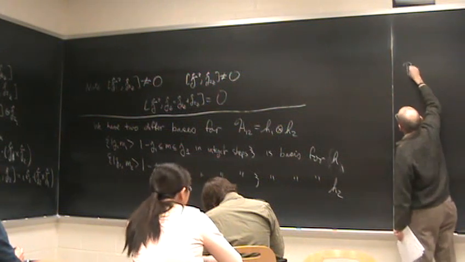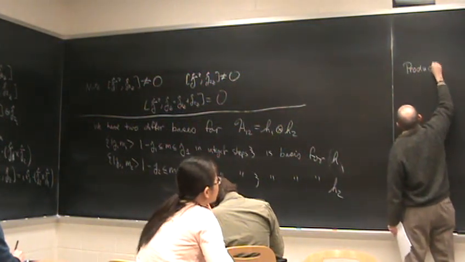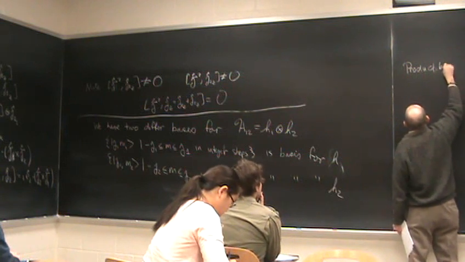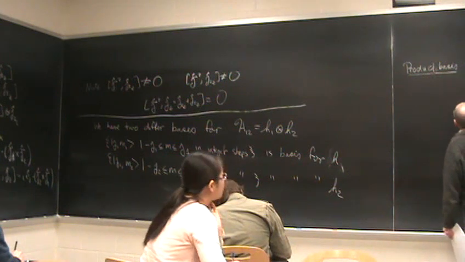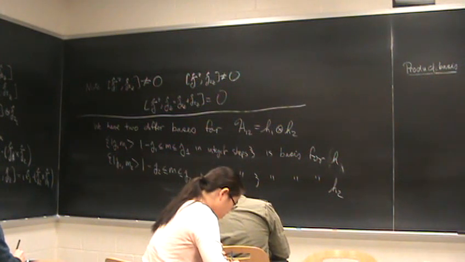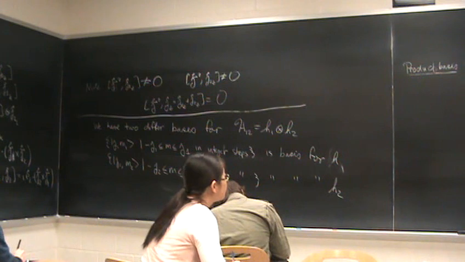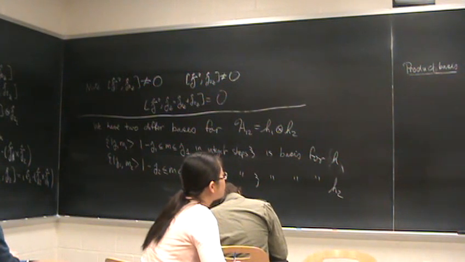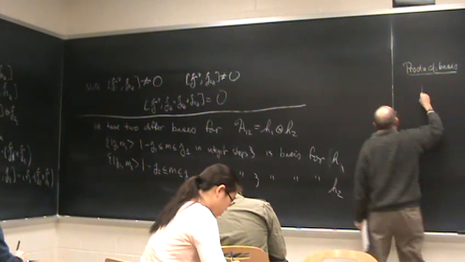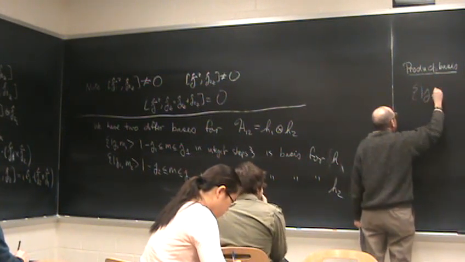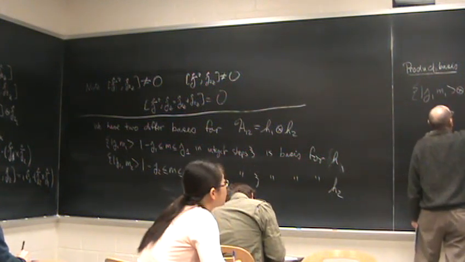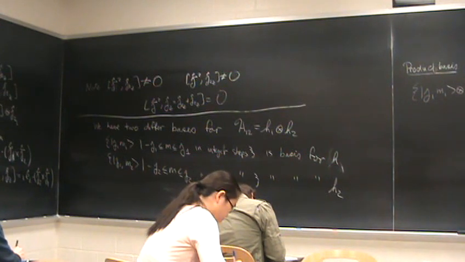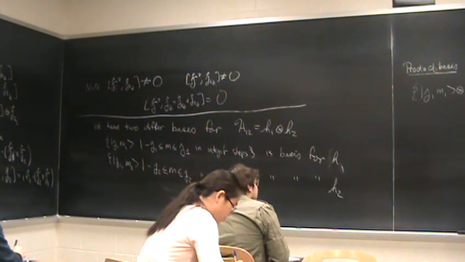We have what we call the product basis, also known as the uncoupled representation, for reasons we will emphasize in a moment. The set of all tensor products of these, which is sometimes shorthand.